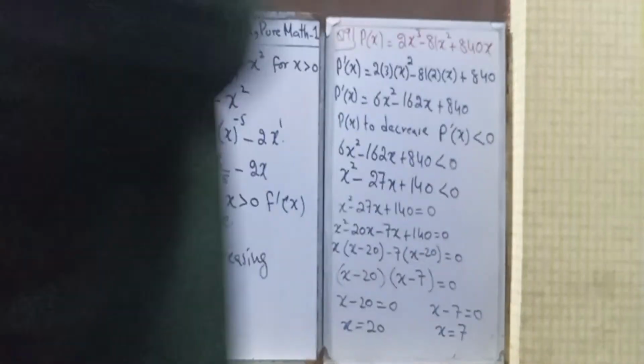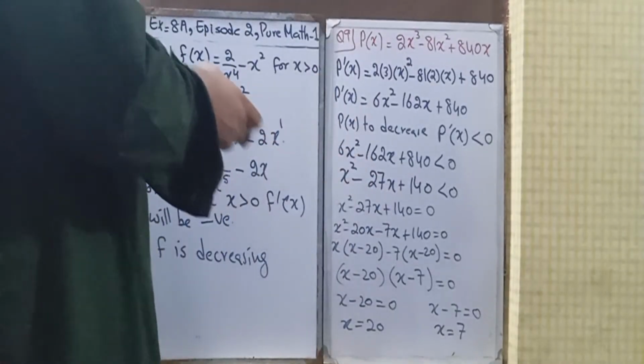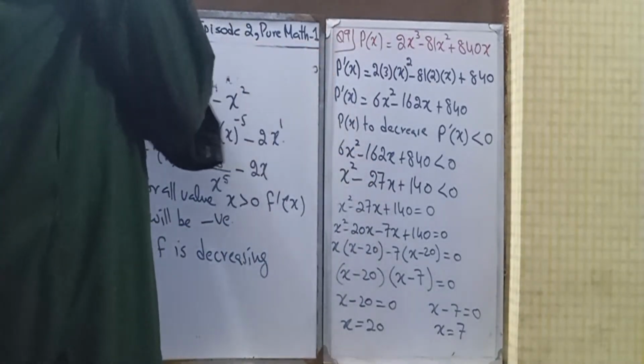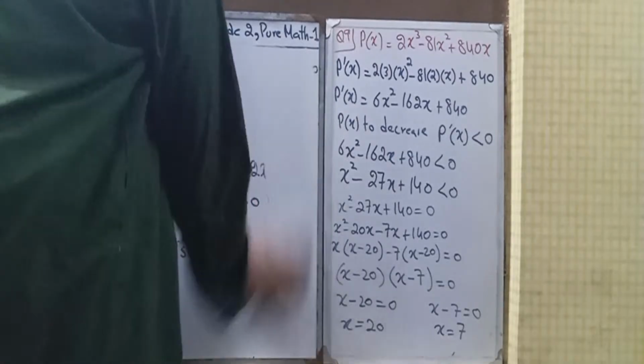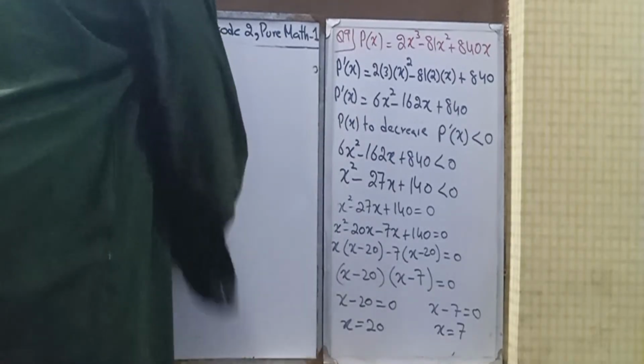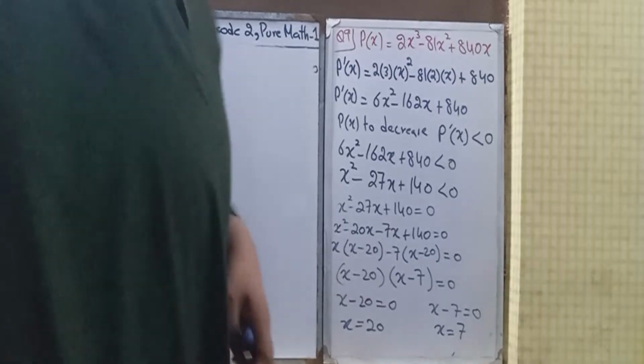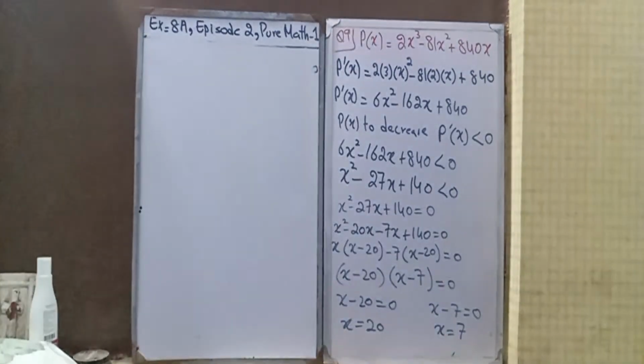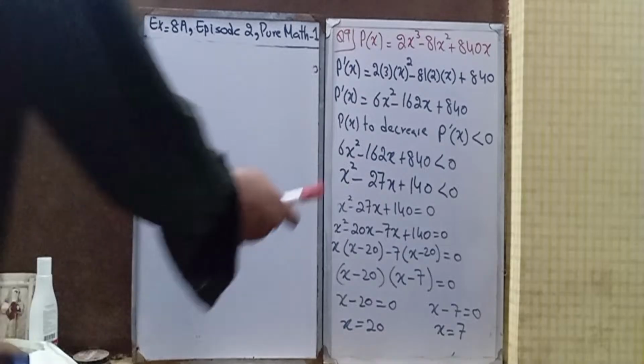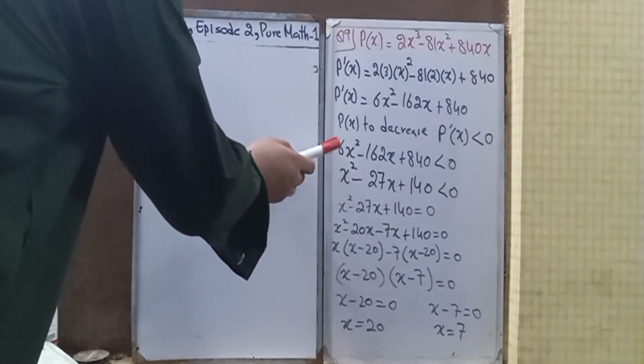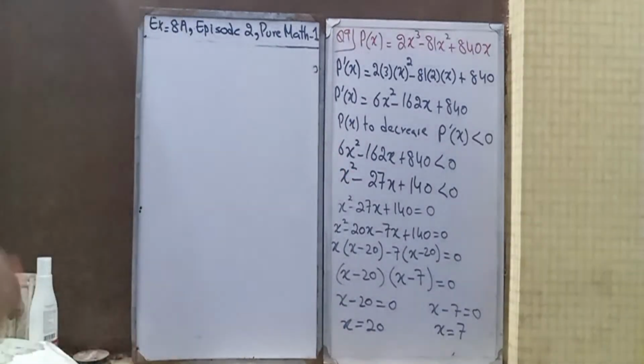Okay. Now, look here. I know the x-intercepts for this derivative expression. So now I will draw its graph. Very simple, you just have to pay a little attention. You will look at the original expression. What is this? This is 6x squared.